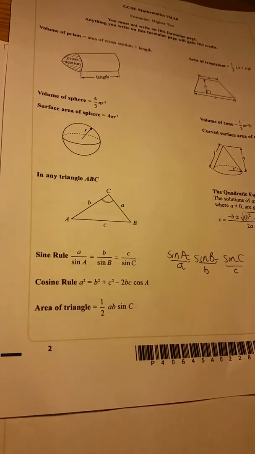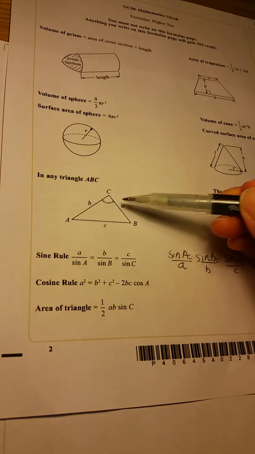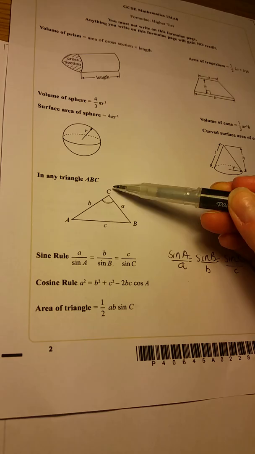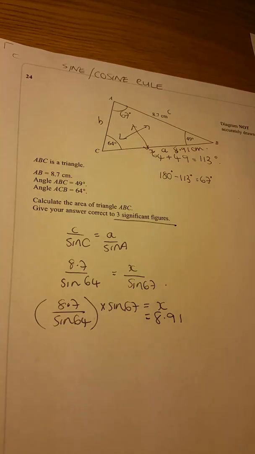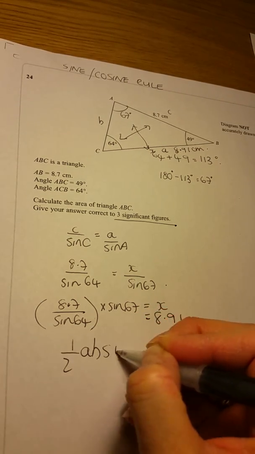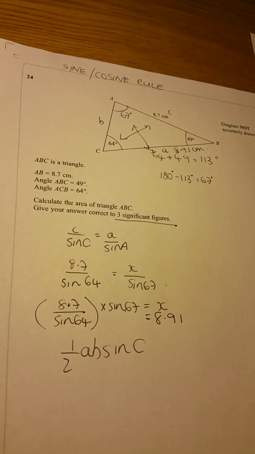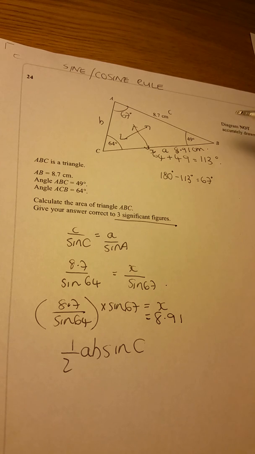So to find the area, we do a half AB sine C. As long as we've got 2 sides and a squashed in angle, like an angle sandwich, then we can find the area. So if we look here, I know that one, I know that one, I know that one. So to find the area, do half AB sine C. Now the confusion is that people go, hang on, which one's A, which one's B, and so on.